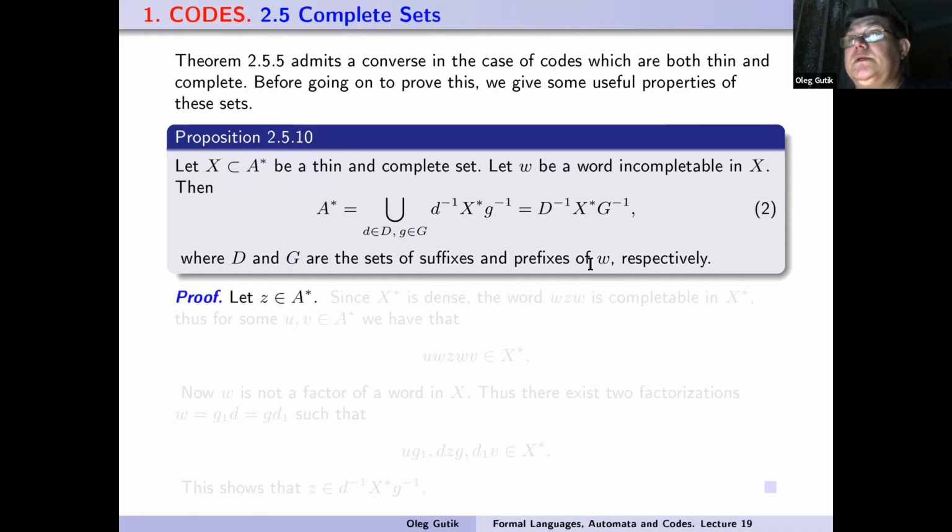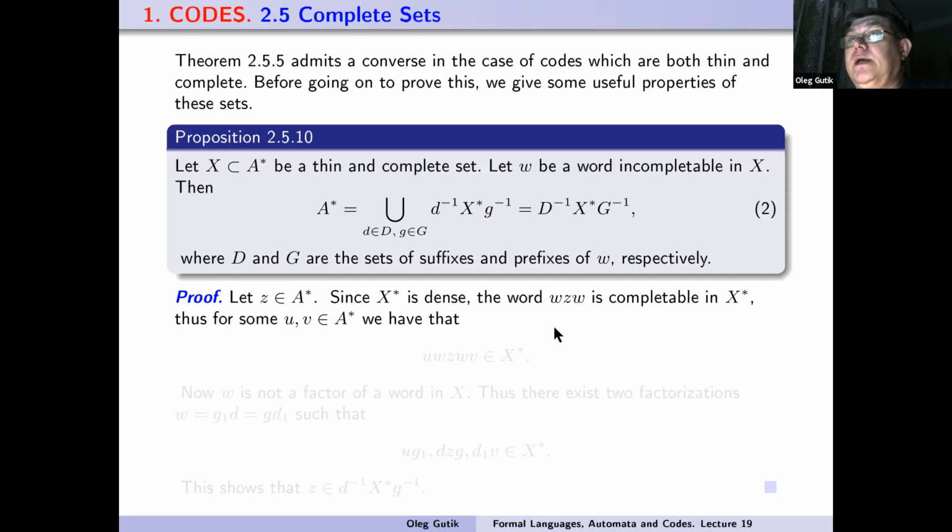We shall prove this proposition. Let w be a word from the free monoid A*. Since the monoid X* is dense, the word w is completable in the monoid X*.